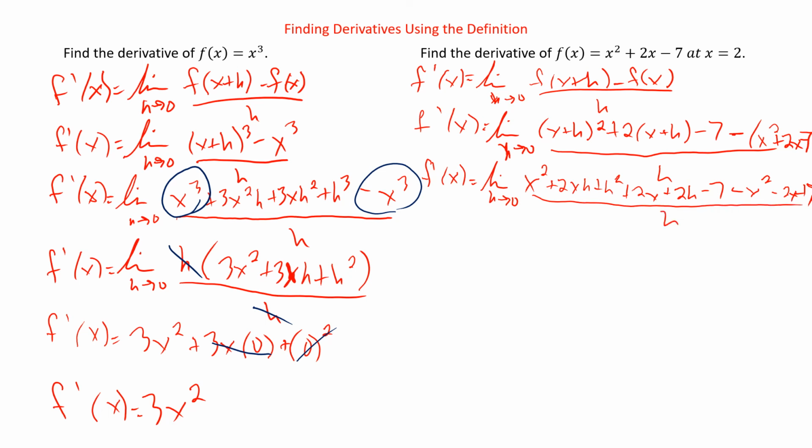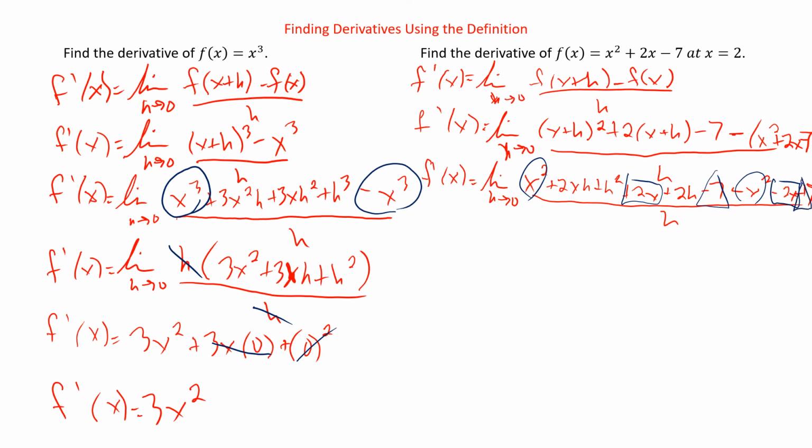We can cancel what we have in common because we will be able to cancel stuff we have in common. We have an x squared minus x squared. We've got a plus 2x minus 2x. And we have a minus 7 plus 7.